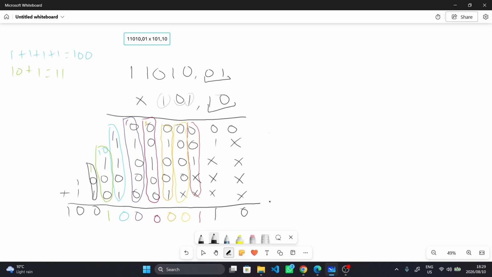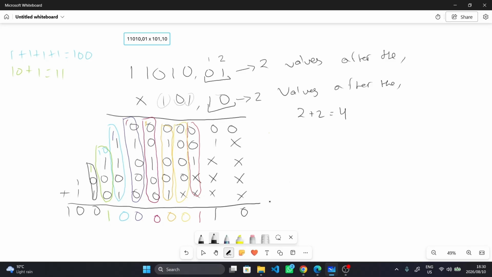So here, after the comma, we have two values. Then I check this one as well, and it has two values after the comma. So I add 2 plus 2 equals 4, right?